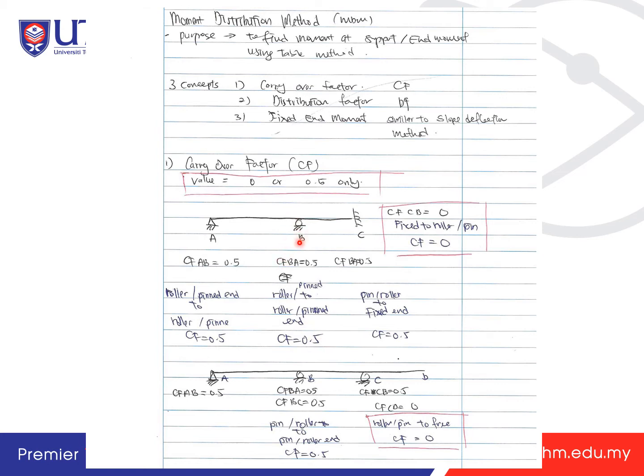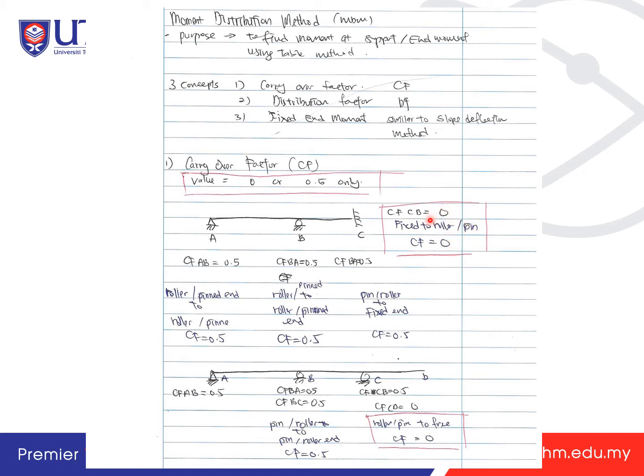From C, CF for B to A is 0.5, and CF for B to C, pin or roller to the fixed end, is 0.5. Then CF for C to B, fixed end to the roller or pin in the middle, you get 0.